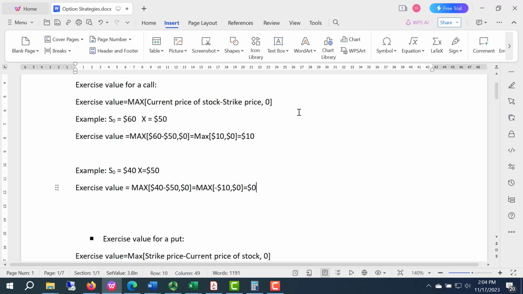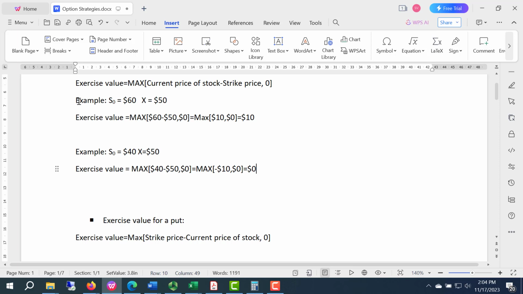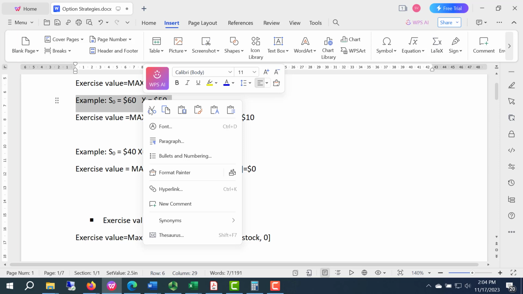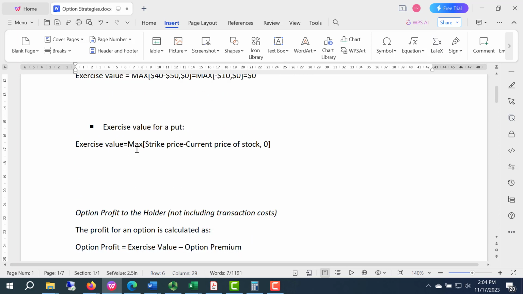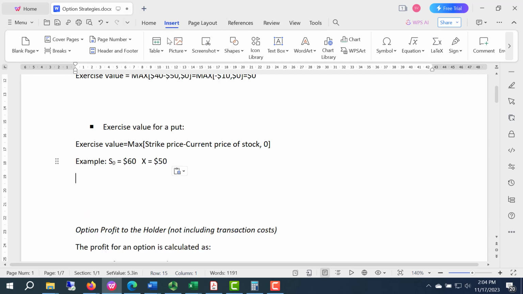Okay. In the second case, we have exercise value for a put. We're going to use the same examples here. So I'm just going to copy and paste this first example down below. So in this example, the exercise value for the put is the strike price minus the current price of the stock, because the put gives the option holder the right to sell the stock for the strike price.